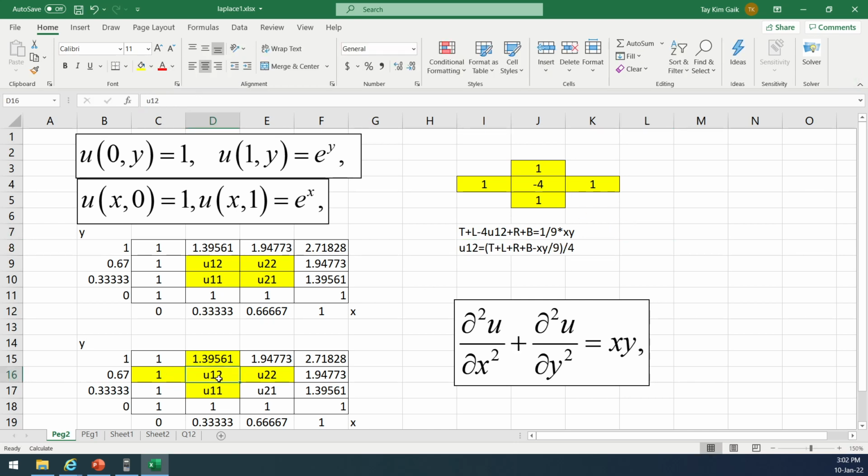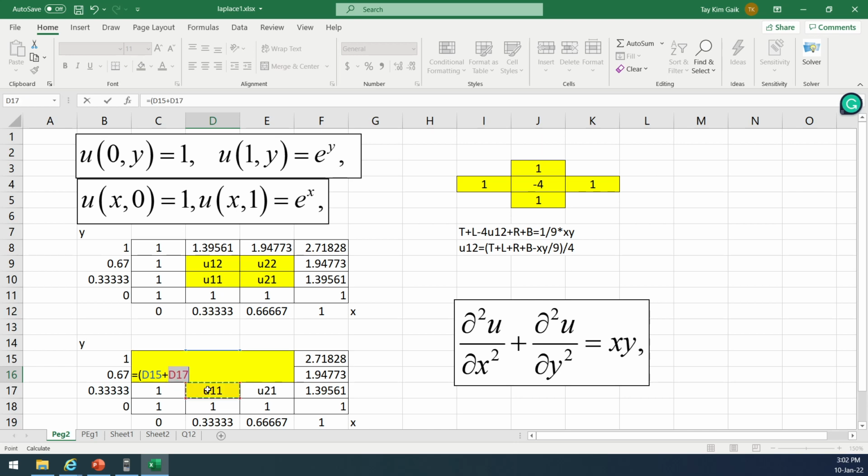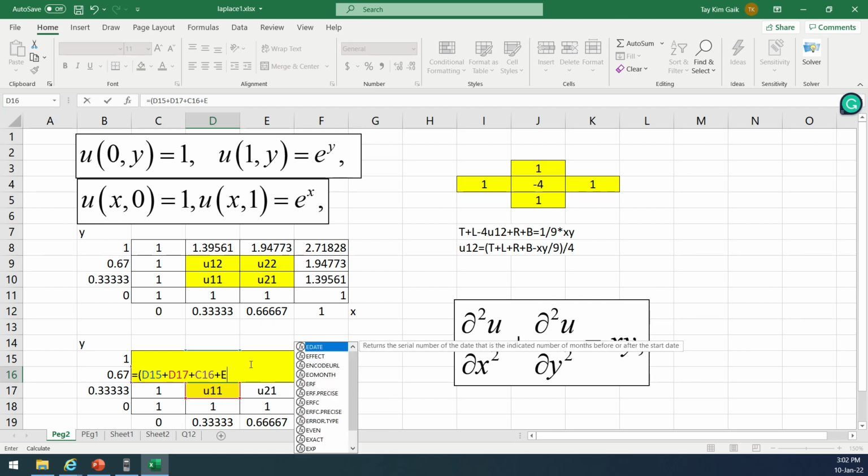Big bracket. We are standing at D16. So top will be D15, bottom is D17, left is C16, right is E16, because we are standing at D16.